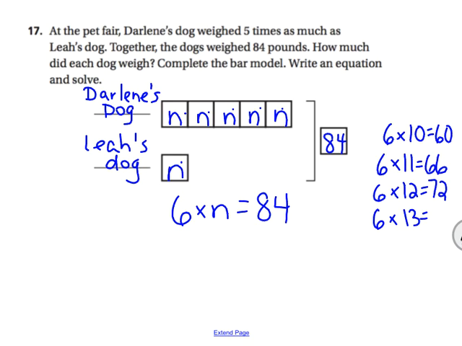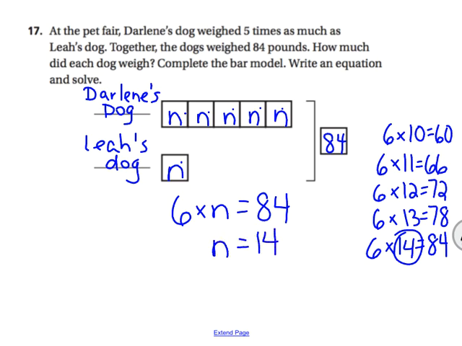So 72 and 6 more is 78. And 6 times 14, again, when you are multiplying by 6, you're going to keep on counting by 6. So if I start off at 78, I add another 6, voila, I get 84. So I know that N equals 14.